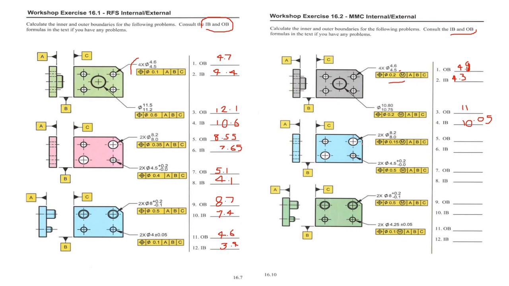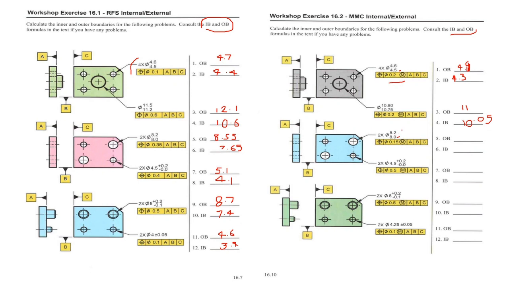Then for this next hole, it's 8.2. The OB is 8.2 plus 0.15 MMC at this size. So when 8.2, the MMC will be 0.35.